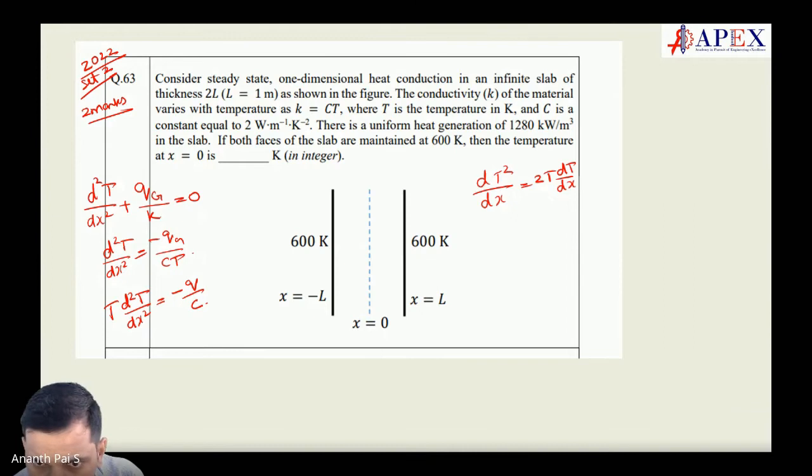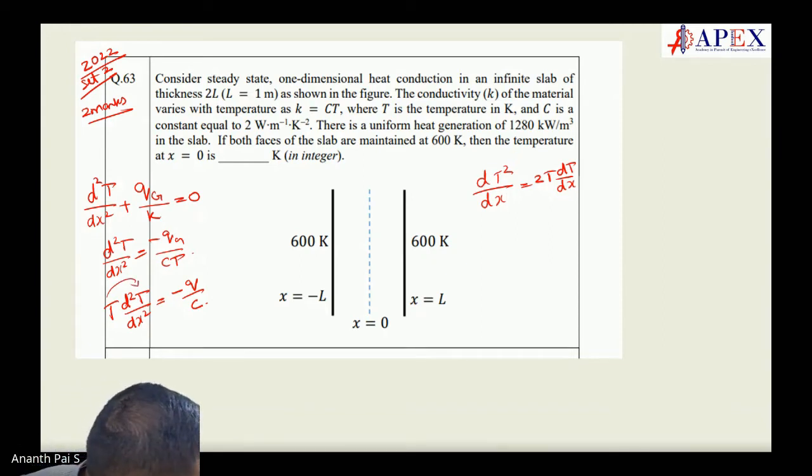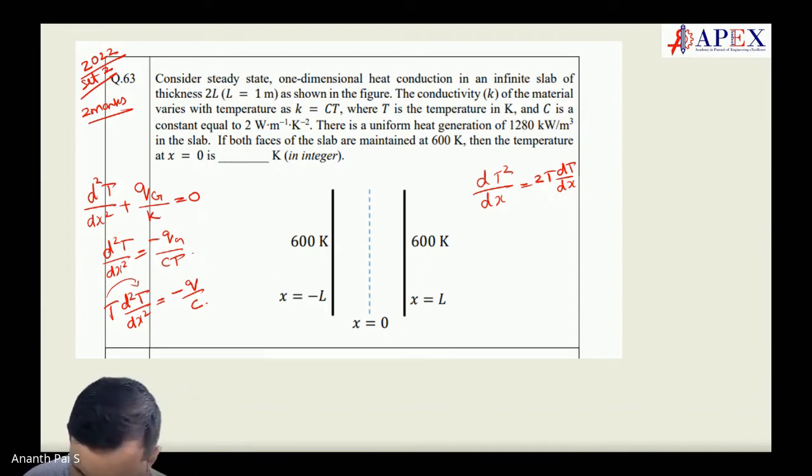Okay, so now, just a second, student. This has to go inside, that's it. How do you take it inside is the question. So here it is, once. Integration is a challenge.